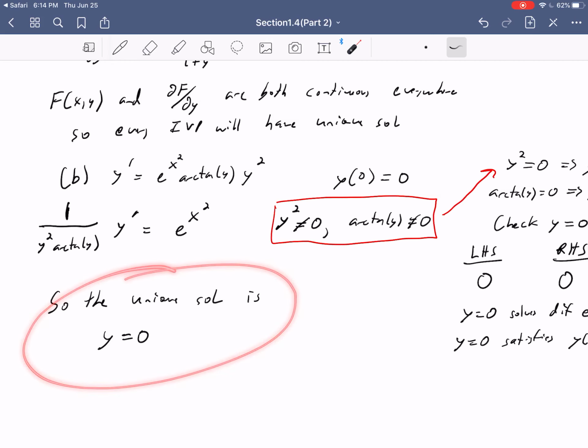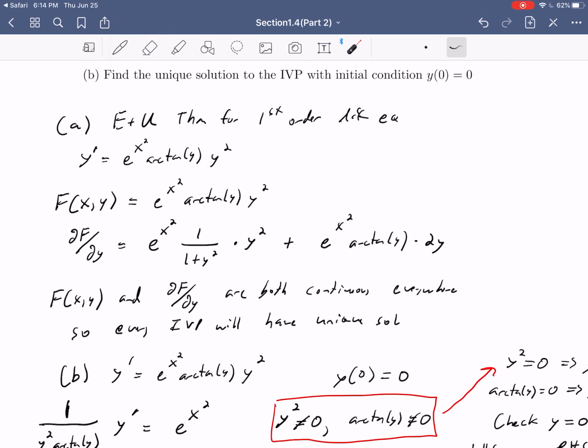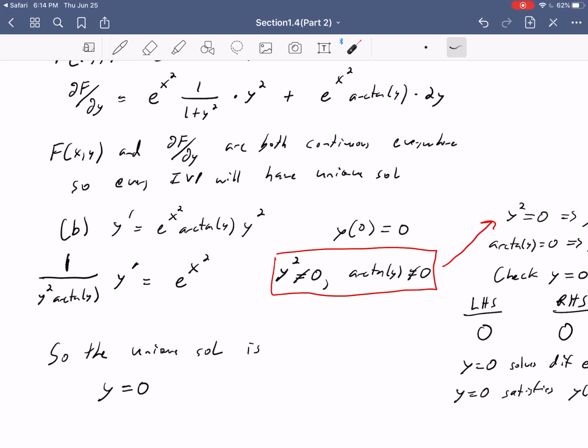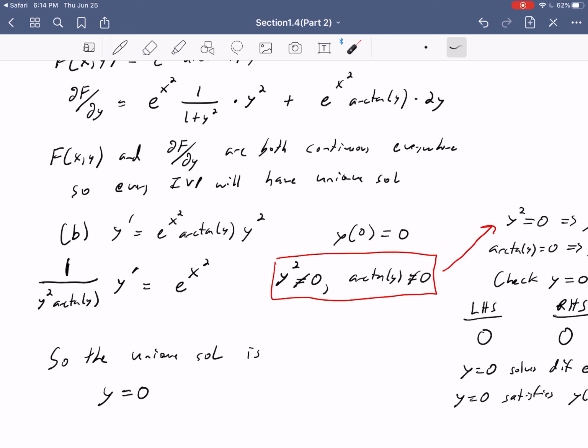Now, the reason I wanted to do this example, partially is, again, just to review a little bit about the existence and uniqueness theorem, and partially also because I want you guys to see it in an actual example. This is just a funny one with the arctangent and the y squared and the e to the x squared and all that craziness. But what's unique about this is the power that you get from knowing that an IVP has a unique solution.